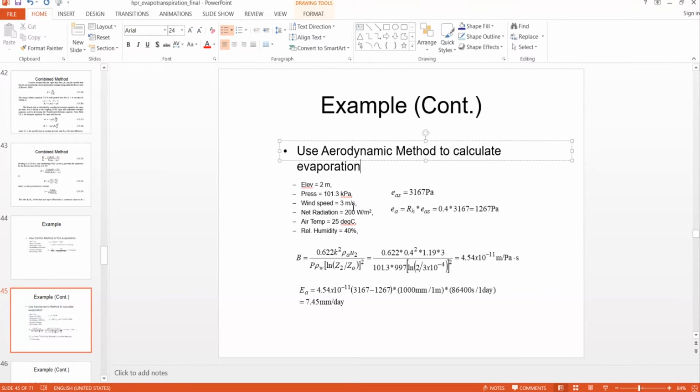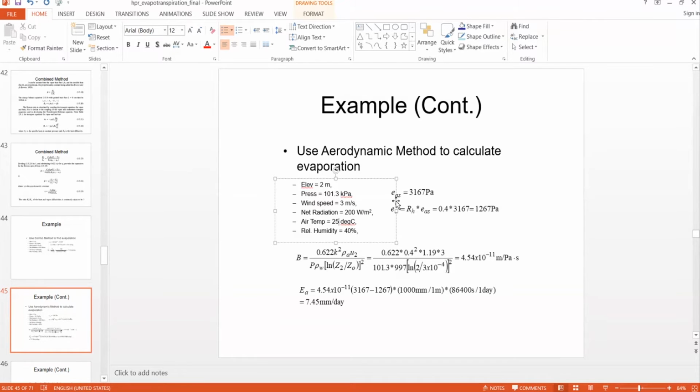First we need to calculate B. B is equal to 0.62 k square rho a u2 by this. All the terms are given in this equation. So we can calculate B as 4.54 into 10 power minus 11, and saturated vapor pressure we can calculate because the temperature is given.